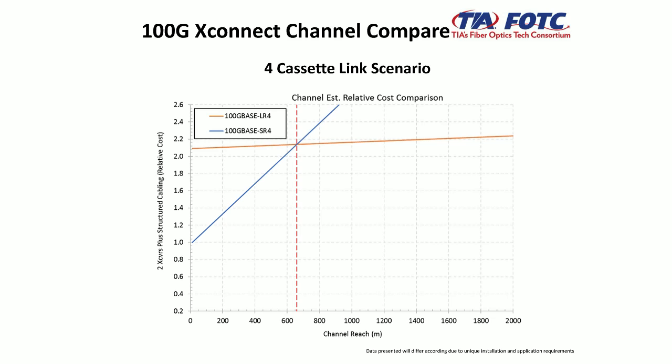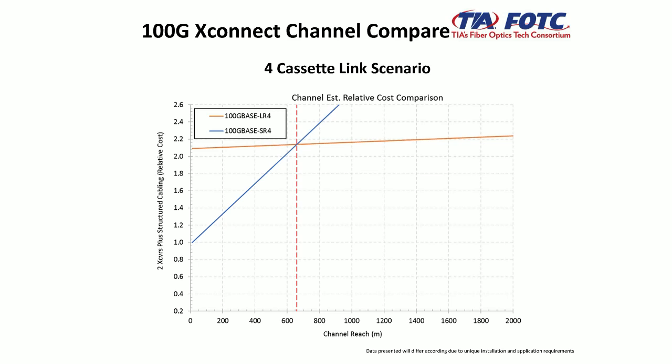And what happens is, as I add multi-mode fiber, and again, multi-mode fiber is much more expensive than single mode fiber, the costs don't add up as much per unit length for single mode as they do for multi-mode. And there's a crossover point. And what we've calculated here is that beyond somewhere between 600 and 700 meters, there's an equivalency point.